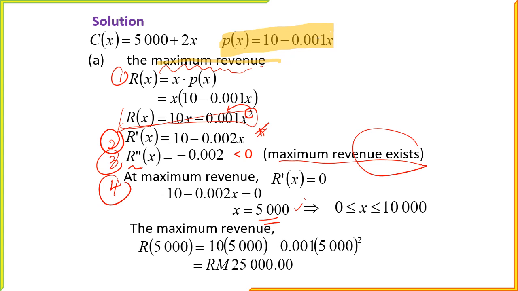So this is our maximum revenue when we sold 5,000 products. Okay, so this is the hasil. Hasil is different from the untung.